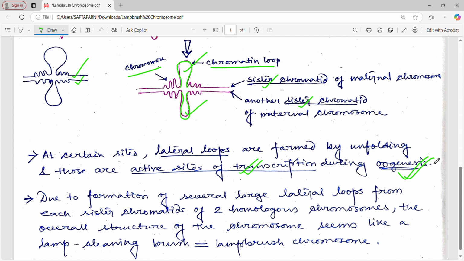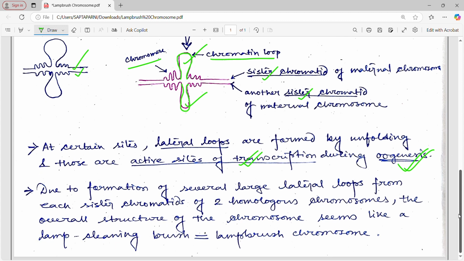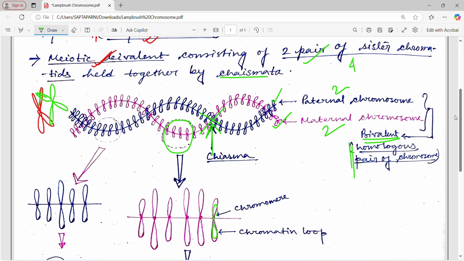Now another question may arise in your mind: why is this chromosome known as Lampbrush chromosome? In this structure you can see that due to the presence of several lateral loops, or chromatin loops, of both the paternal and maternal chromosomes, the overall structure looks like a lamp cleaning brush.